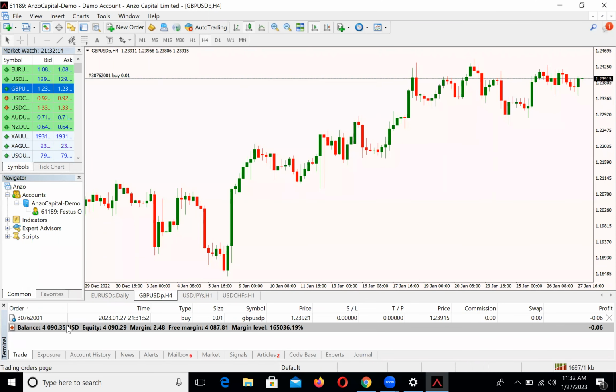This is where you get your history. You see your trade running here: buying 0.01 GBP USD, the price you entered, the stop loss, the take profit, the current price, and your profit or loss. We are in profit now of $0.08, and it's showing $0.09 right now.